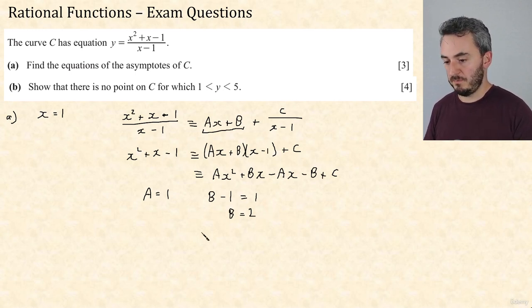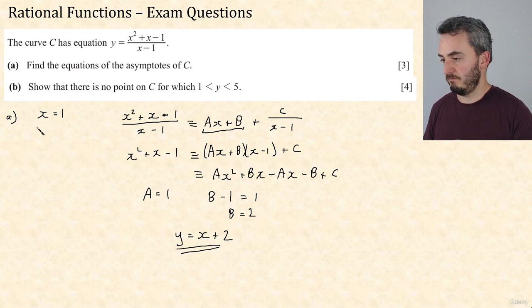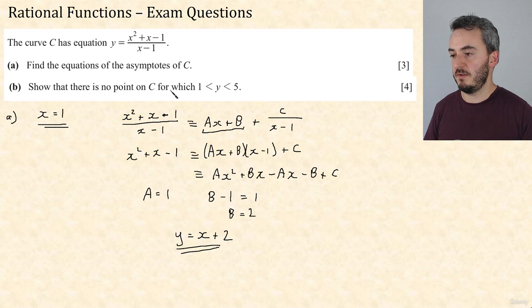So I've got that now. It's y equals ax, so 1x, plus b, which is 2. So there are my two asymptotes.